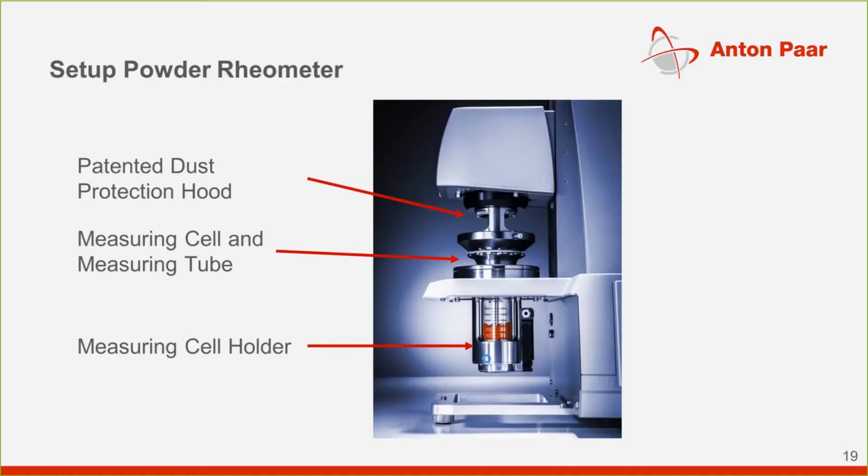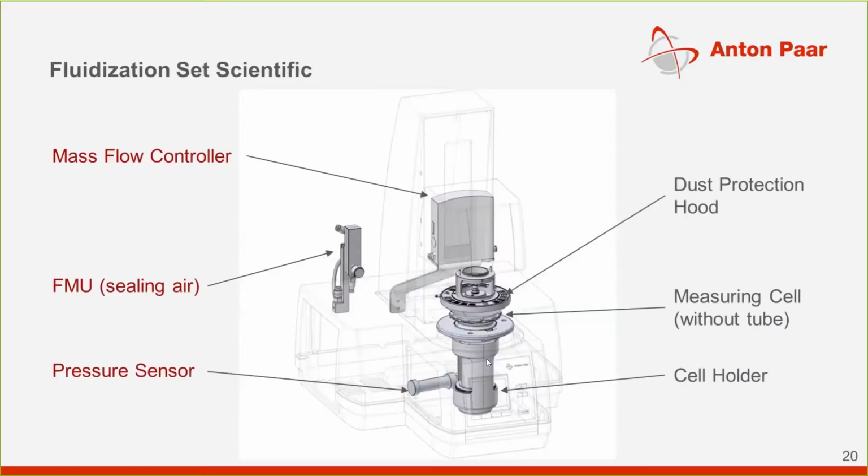If we look at this explosion diagram, we can see in the back the mass flow controller, which can control the airflows from very low flow rates, starting at 0.05. And depending on the mass flow controller which is used, it's possible to go up to 80 liters per minute, so quite a large range as well.